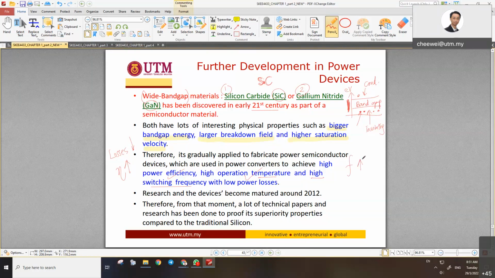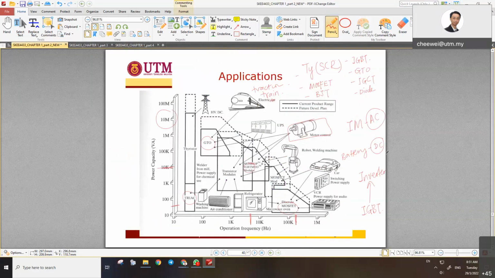What are the benefits of having higher switching frequency? You see this diagram, they go on like this. The frequency has to go on. Why? They want to improve the capability of devices, so they should be able to work at higher and higher frequency. Higher frequency means that in 1 second, they can operate many more cycles.